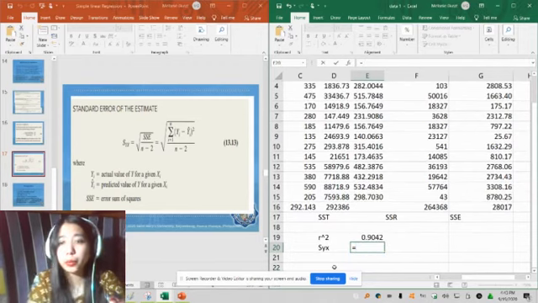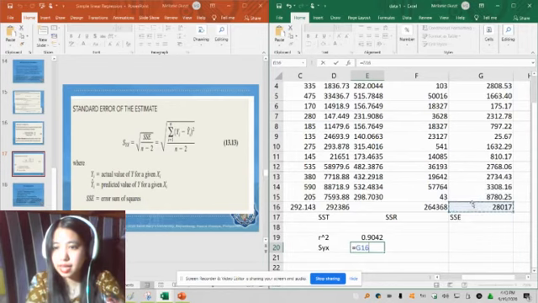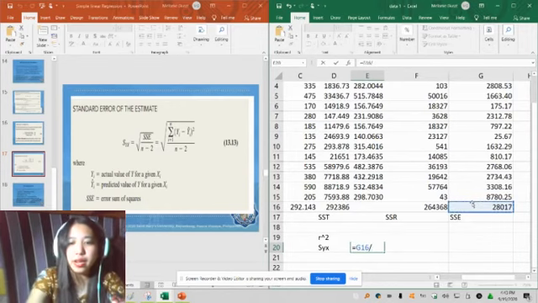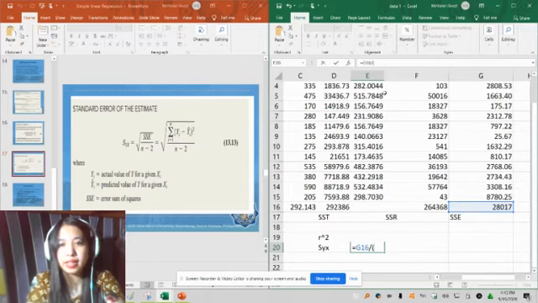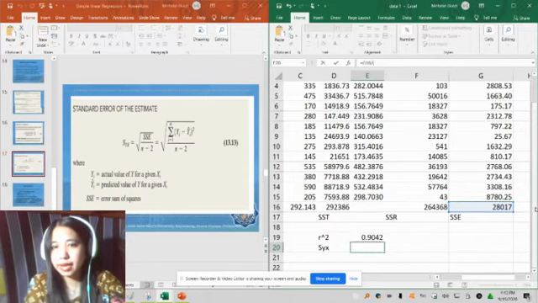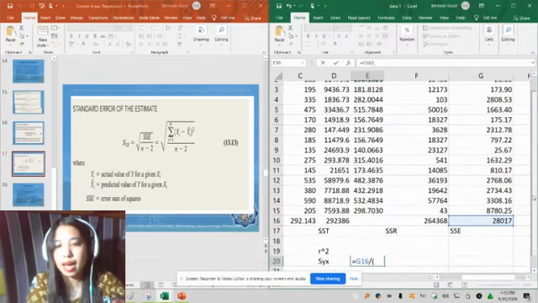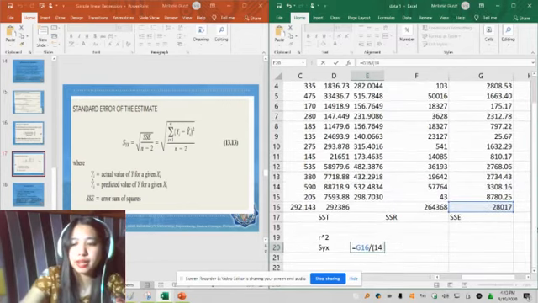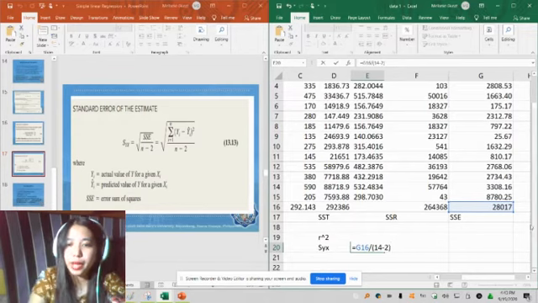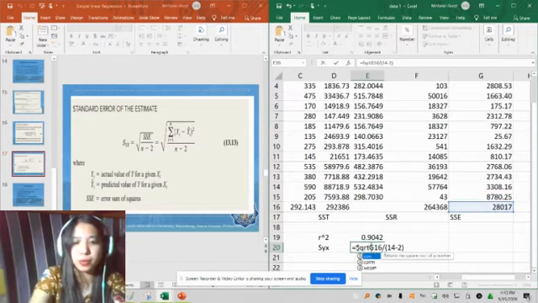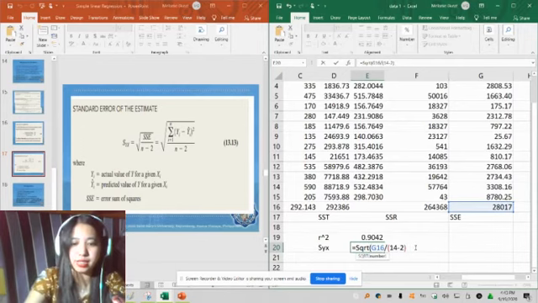So it is equal to, what is the SSE? This is the SSE all over, what is our n? N is the number of data. So we actually have 14 data. So it's 14 less 2. And then, of course, do not forget to get the square root of the result of this.